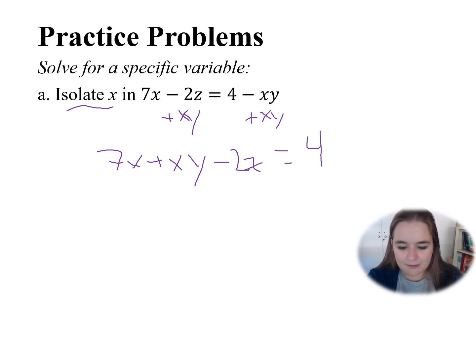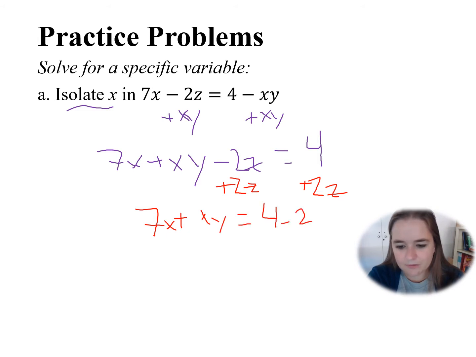Well, now I want to get rid of everything that doesn't have an x in it, so I'm going to get rid of that 2z by adding it to both sides. And I'm left with 7x plus xy equals 4 plus 2z. Now when I'm looking at this here, I want to think about how I can get x by itself.